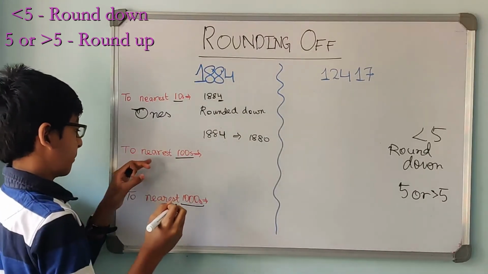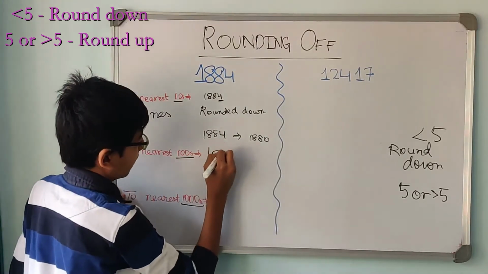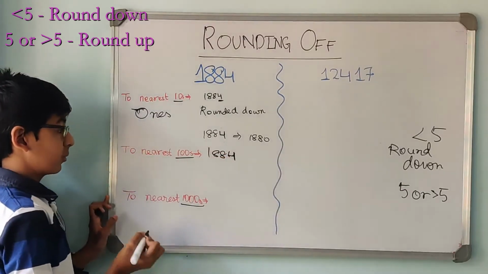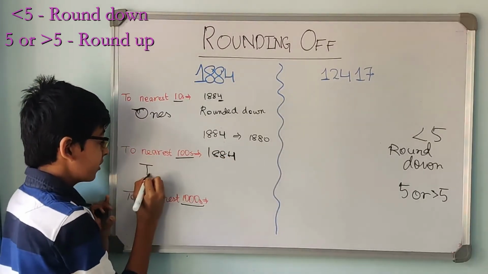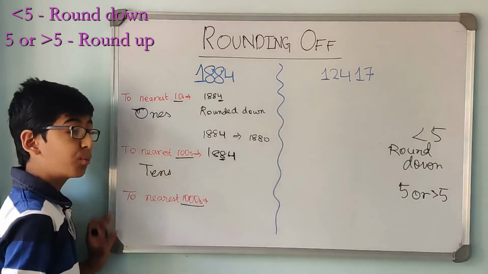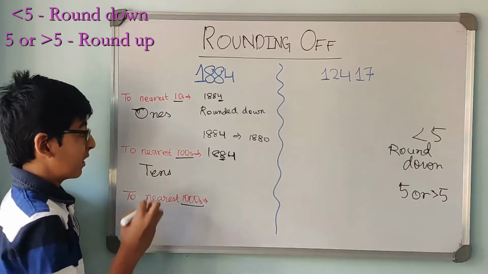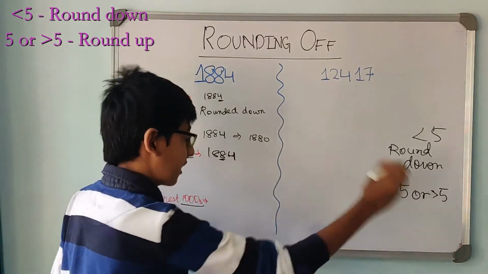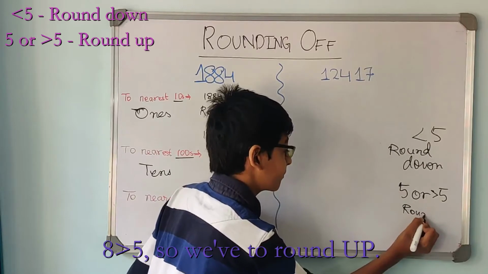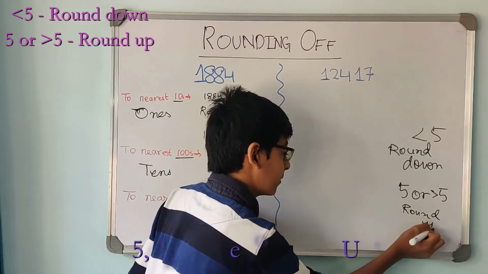Now let us round 1,884 to the nearest 100s. How do we do this? Well, we need to check the number in the tens place. So in the tens place, 8 is there. 8 is greater than 5. So we need to round up.